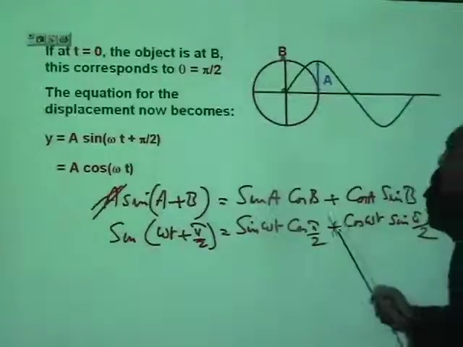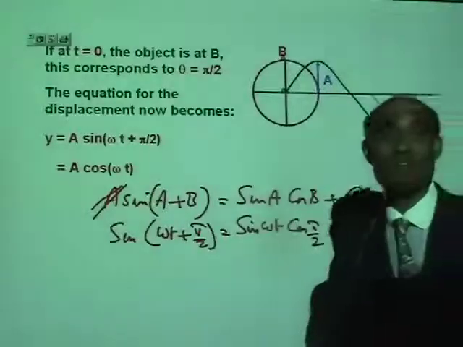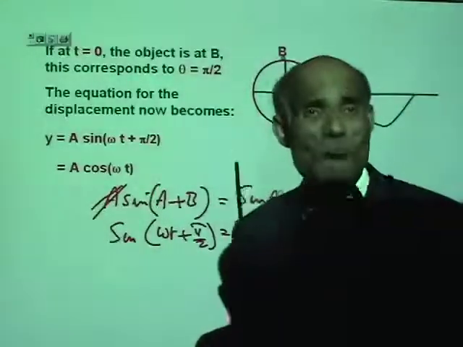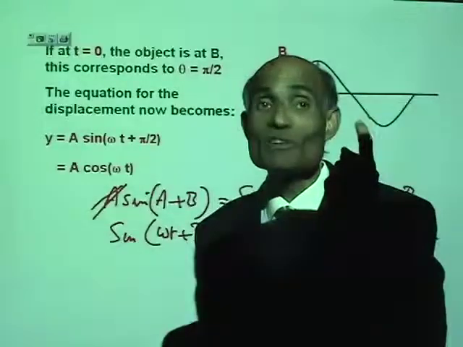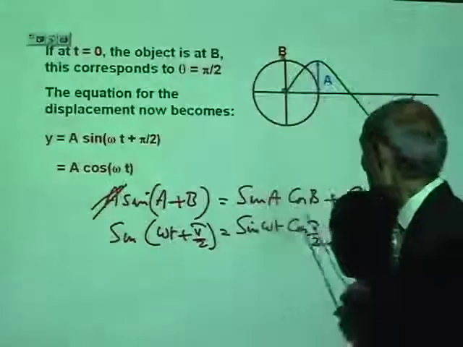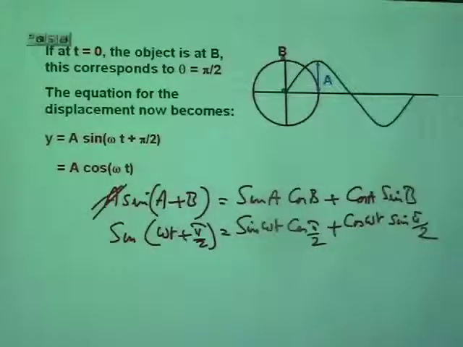Alright, tell me, what is the value of cos pi by 2? Cos pi by 2, cos of 90 degrees is 0. So cos pi by 2 is 0, which means that term will disappear. This will go because cos pi by 2 is 0.